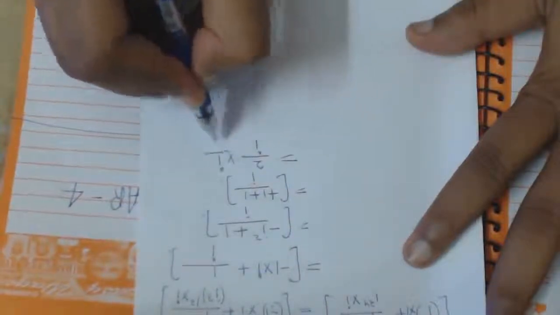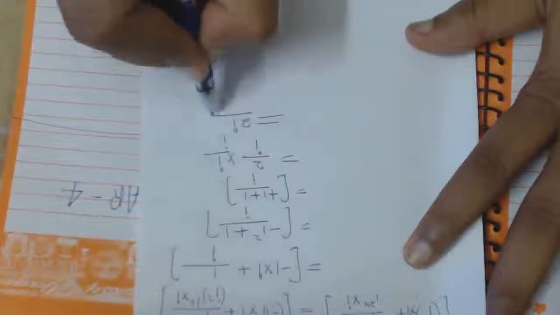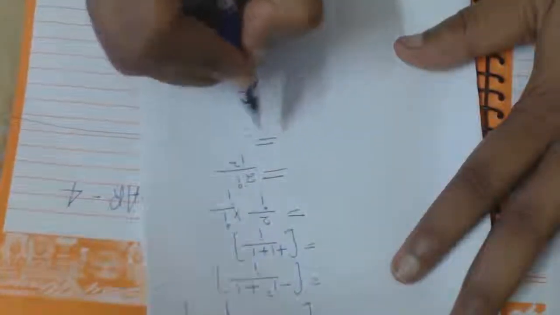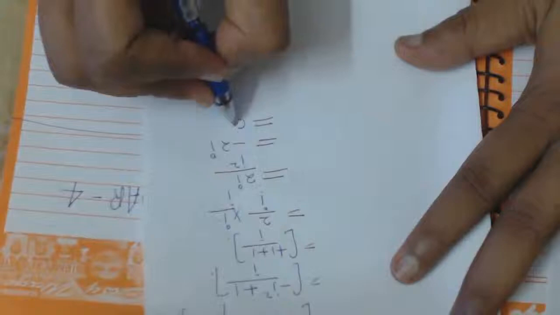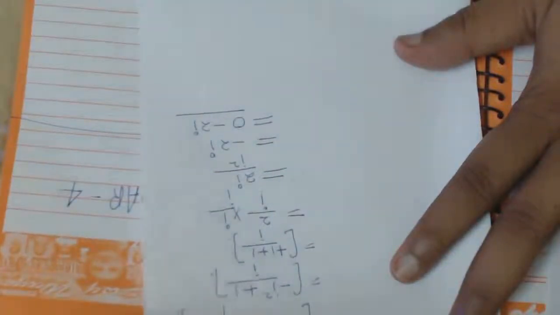When I multiply it by iota, 2 multiplied by i gives you 2i, and i multiplied by i gives you iota square. The answer is minus 2 iota. What about the standard form? Standard form is 0 minus 2 iota.